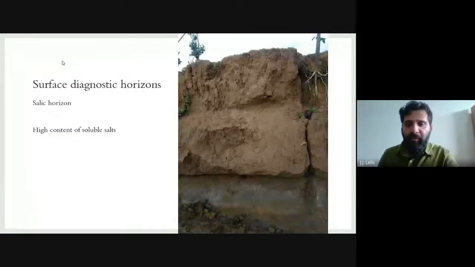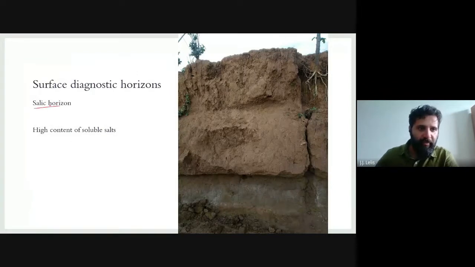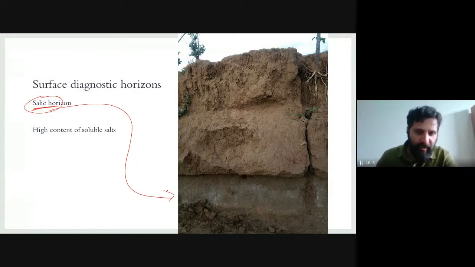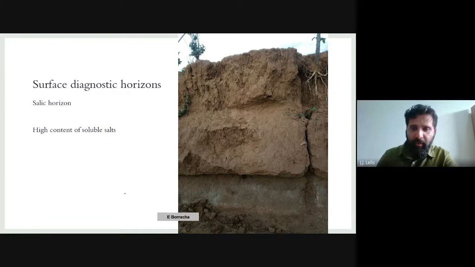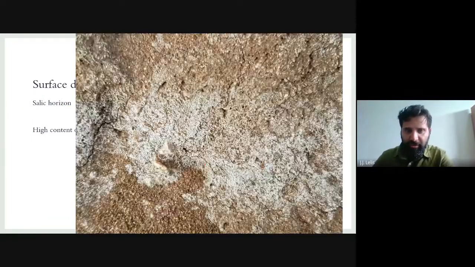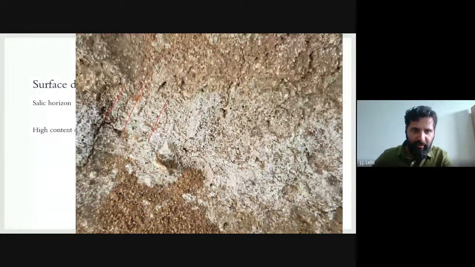We can also find the salic horizon. The salic horizon is very similar to gypsic, but in this case, we can see other salts than calcium sulfate, okay? So we can see a high content of other salts, and it is also formed in arid and semi-arid regions, because of the same process: we have the concentration of these materials in the surface or the subsurface.